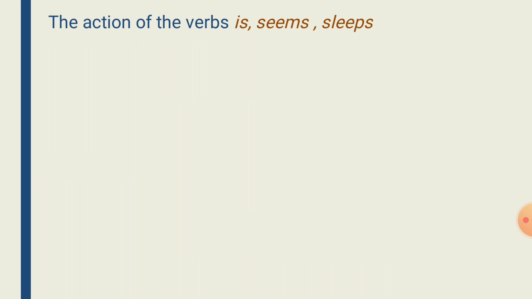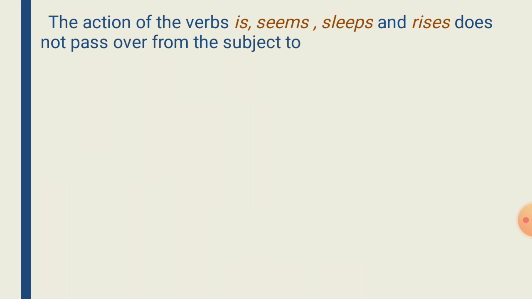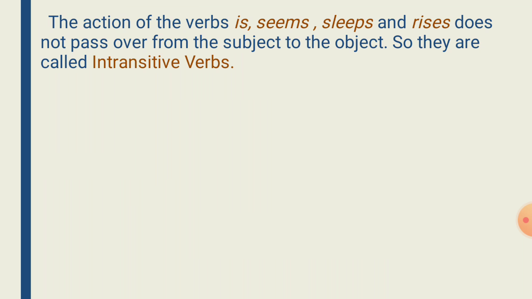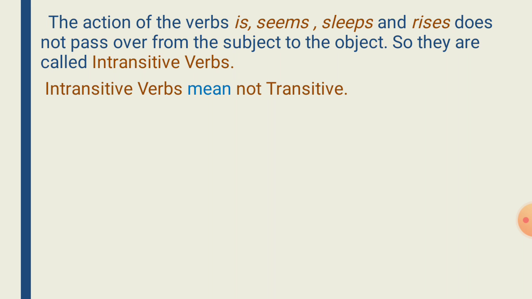Now let's see the explanation in detail. The action of the verbs is, seems, sleeps, rises does not pass over from the subject to the object in all these four sentences. So they are called intransitive verbs.